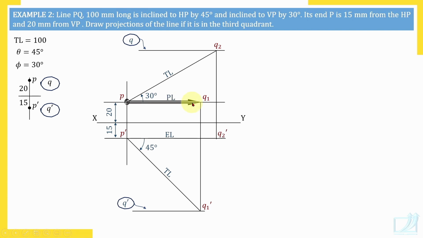When you rotate PL, you should rotate it through the reference point, which is P. So with P as the center and PQ1 as the radius, you draw an arc in the anti-clockwise direction, because by rotating PQ1 you should get PQ. So this is how we have located point Q.